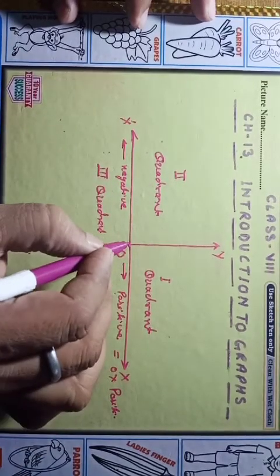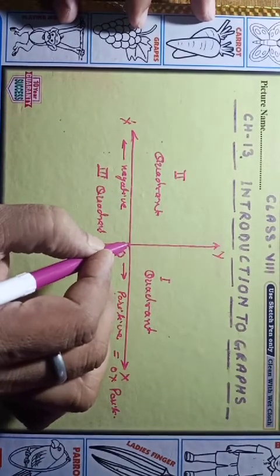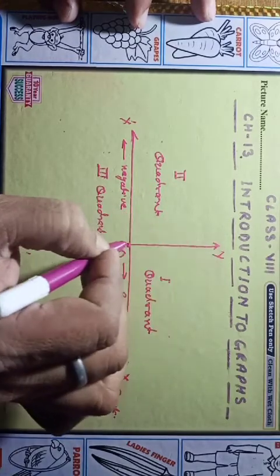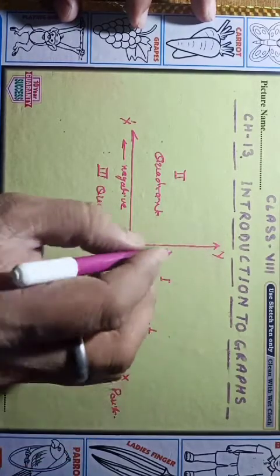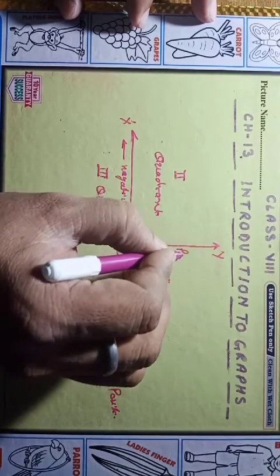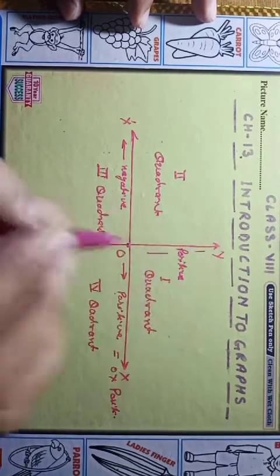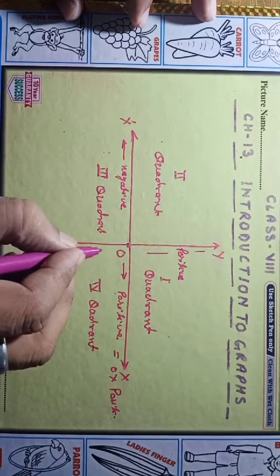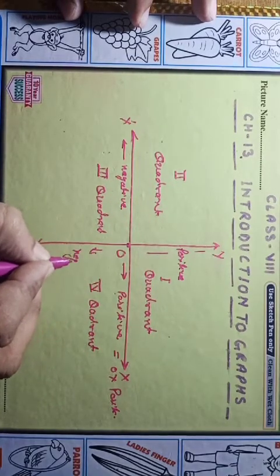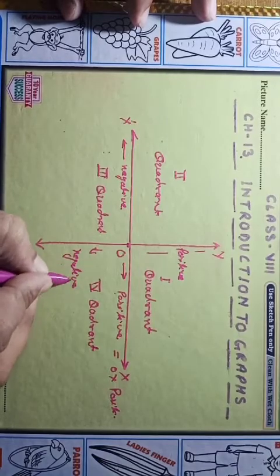Now on the y-axis, from origin upward is positive, OY is positive, and OY dash, this line, is negative.